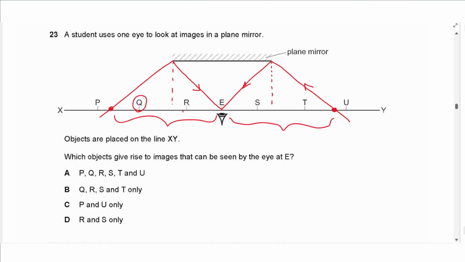So we have Q, R, S, and T within that range, no P, no U. So the answer is B, since this contains P and this contains U, and it's not R and S only, it's Q, R, S, and T. So the answer is B.